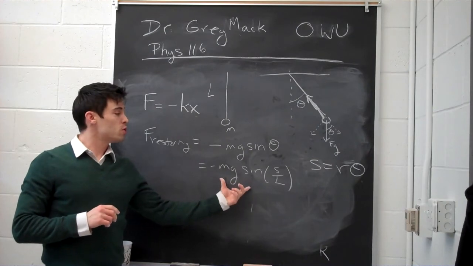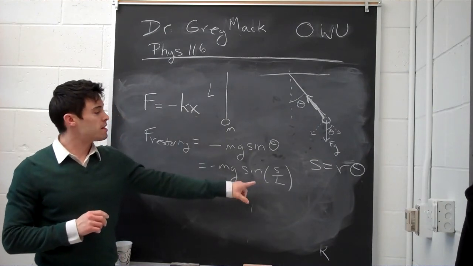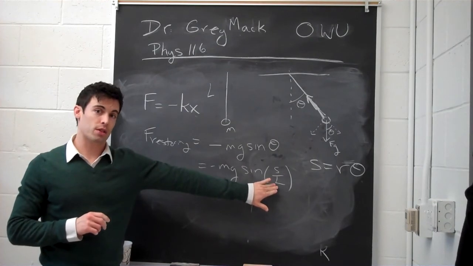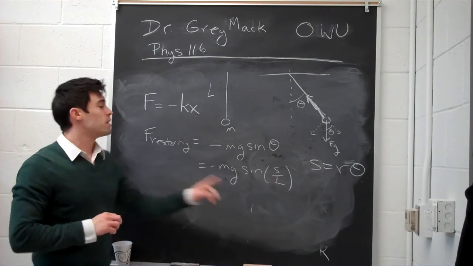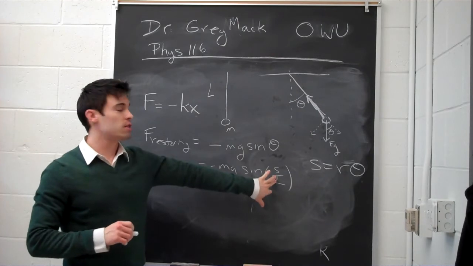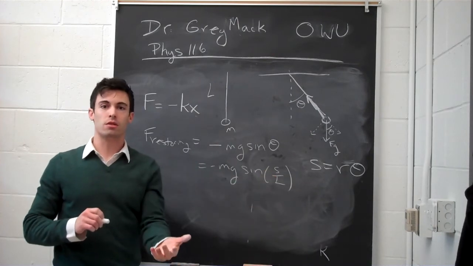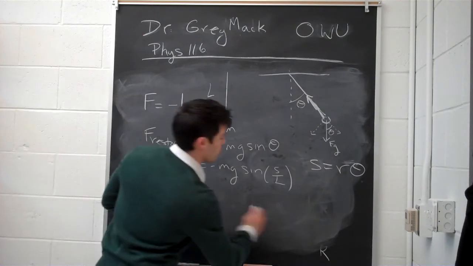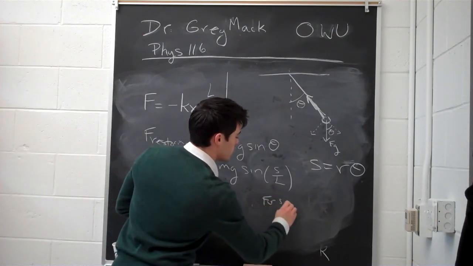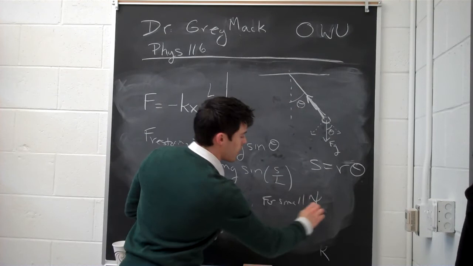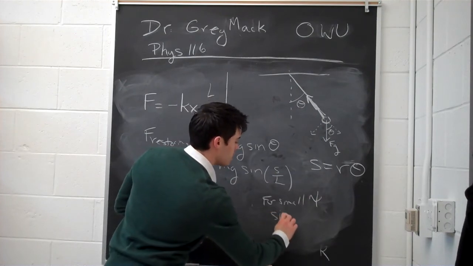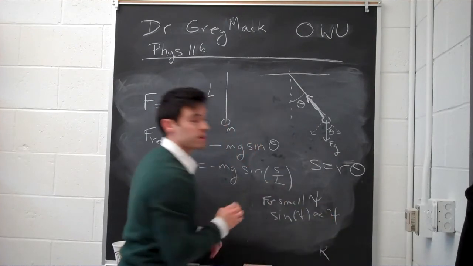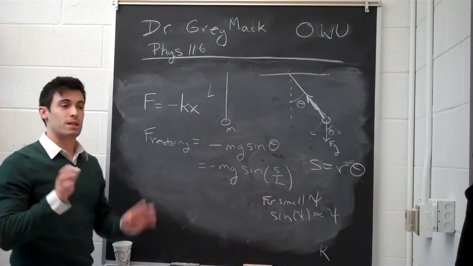What we can do with this is realize that for small arguments, for about 15 degrees and lower, the sine of this argument is just equal to its argument. Let me write that down here. For small psi, sine of psi is approximately equal to psi. That's a mathematical fact.